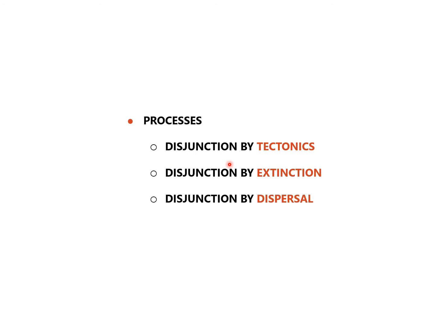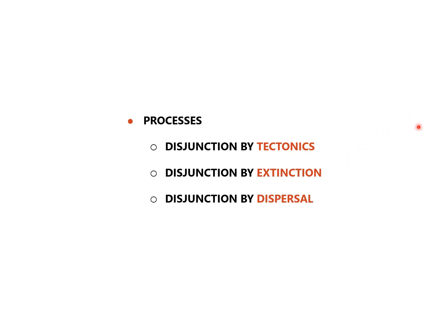And so if we're looking at disjunct populations, we usually want to know how they got that way. And there are three distinct processes. These are really the only way that a species or a population or any group can become disjunct. It's either by tectonic movement separating continents or islands. It's either by extinction, where you had an entire intact range, and then for some reason there was an extinction event that occurred for a portion of them and separated two areas.